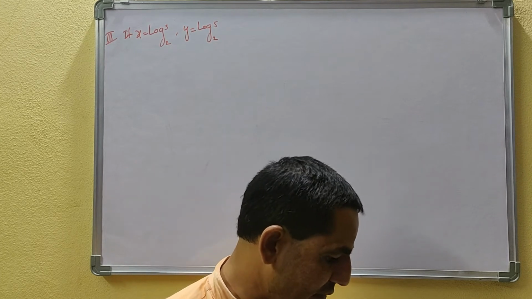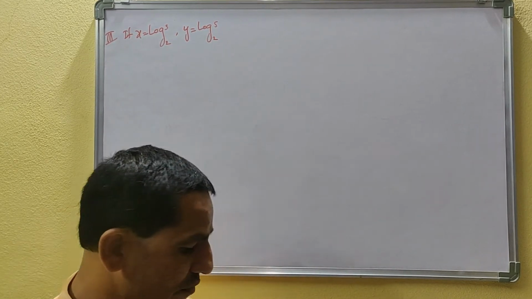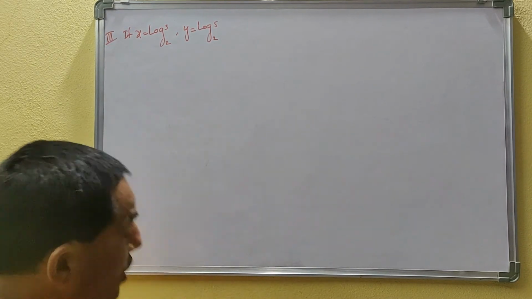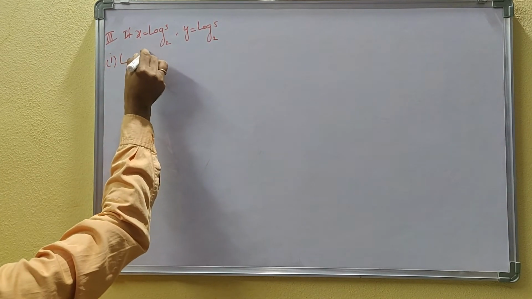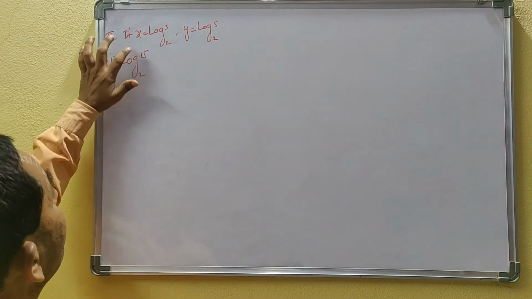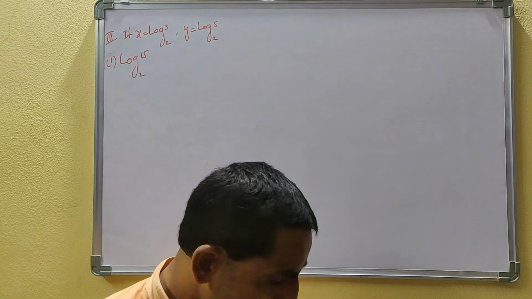It is given that x is equal to log 3 base 2 and y is equal to log 5 base 2. In this question, the first one, log 15 base 2, is given. So find the value of log 15 base 2 in terms of x and y only. That is the question meaning.